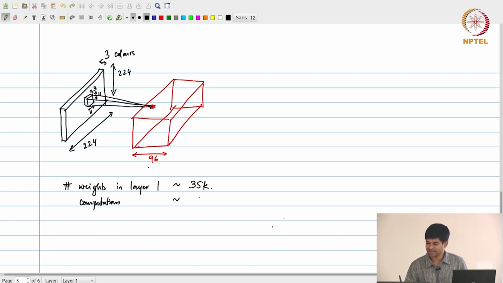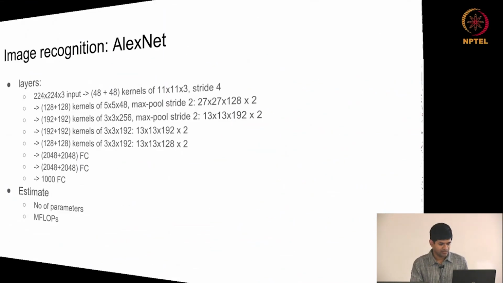I don't remember the exact number, I think it's somewhere around 10 million or thereabouts. This number is not accurate, but you can estimate it. It's basically 11 into 11 into 3 into 96 into 55 into 55, right. You do the computation, you will come up with a number over here. Okay, but that's just the first layer.